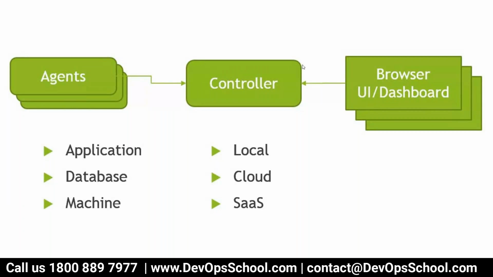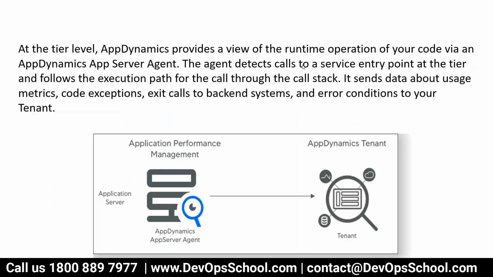So here you see that at the tier level, AppDynamics provides a view of the runtime operations of your code via an AppDynamics app server agent. The app server agent is basically for application monitoring, as you can call it.